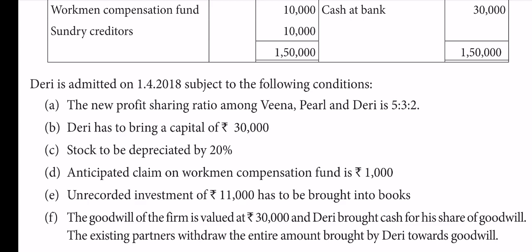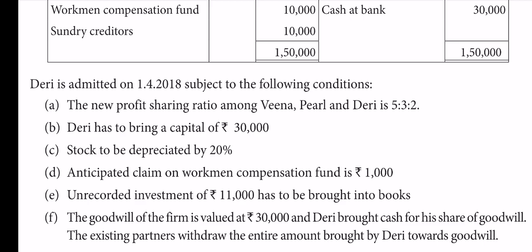The new profit sharing ratio among Veena, Pierre and Derry is 5:3:2. Listen dear students, somebody asked the same doubt in the previous class also. Here the new ratio is given, so definitely we are going to see goodwill down.